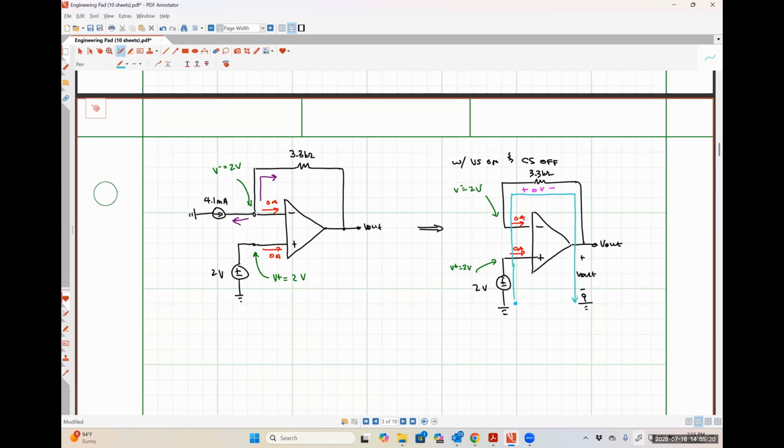And then down this path back to ground. Essentially, what I wind up getting is that negative 2 volts plus V out is equal to 0. Let me call this V out prime, which means V out prime is just 2 volts.